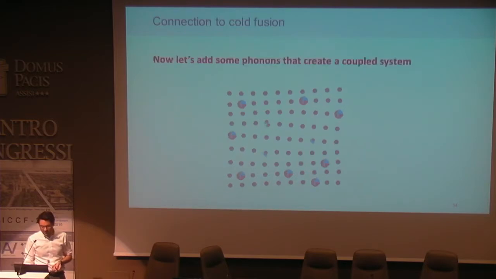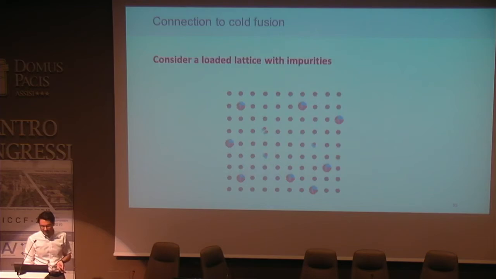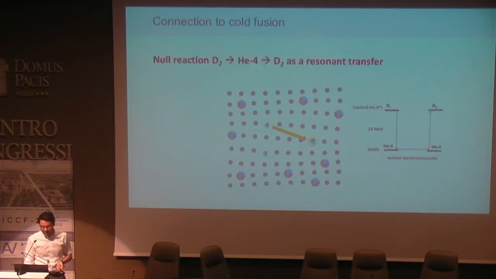Then we apply phonons to this system, and you would get a weak coupling between those well-matched states between the two deuteron pairs and the stable helium-4. But you have a weak coupling because of the Coulomb barrier.